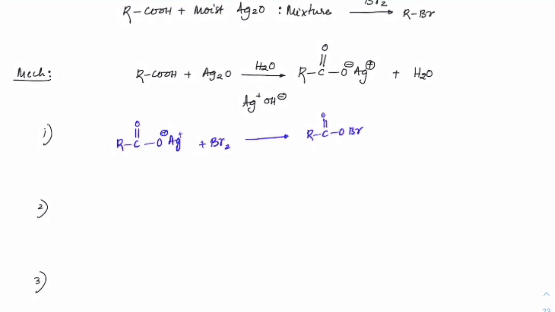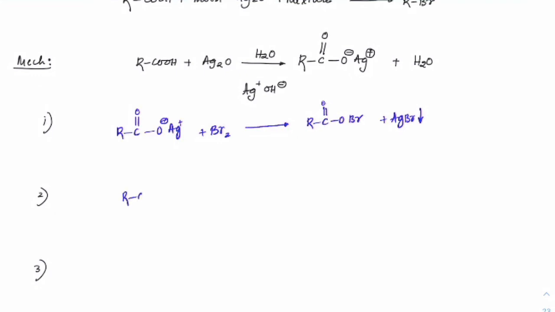So first we'll have an acyl hypobromite form and AgBr will get precipitated, and then RC double bond O, OBr will cleave homolytically to form RC double bond O, O dot plus Br dot.